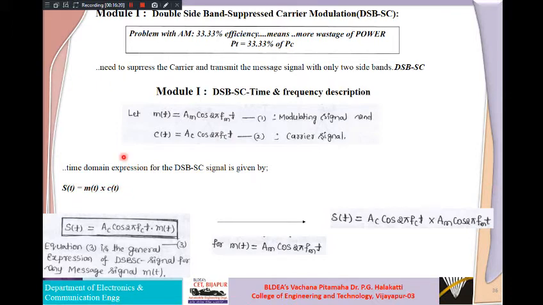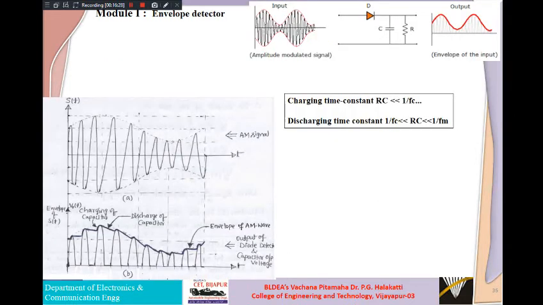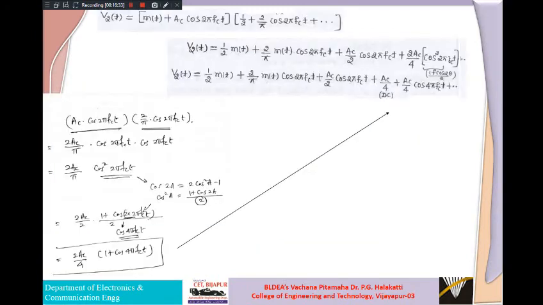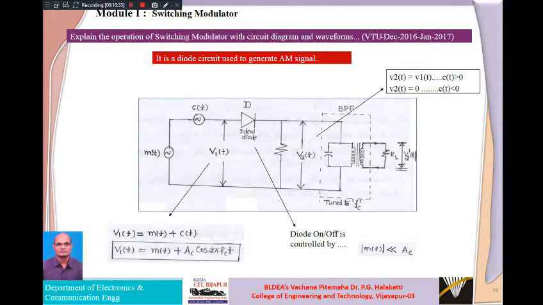Means during AM generation, what we did, there you came across the switching modulator. Okay, there you have seen. If you remember, here you can see the switching modulator was there. There also an ideal diode was there, and a band pass filter we used to tune to the carrier frequency to get the modulated signal at the output.